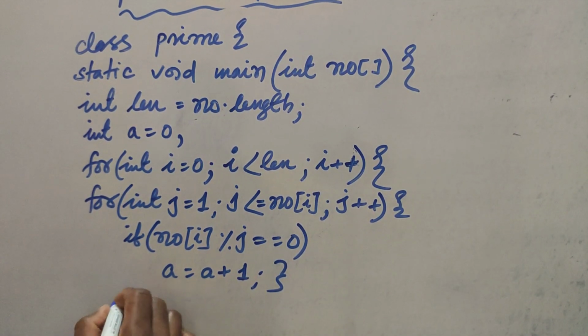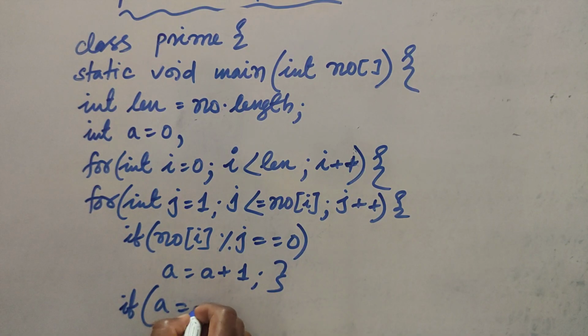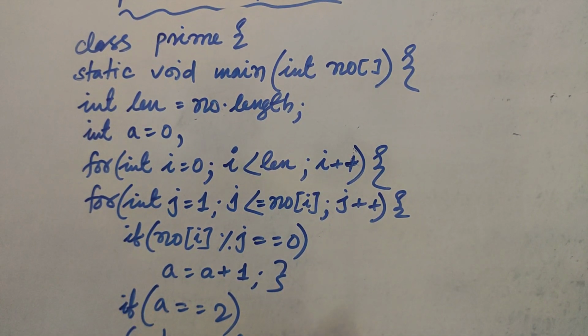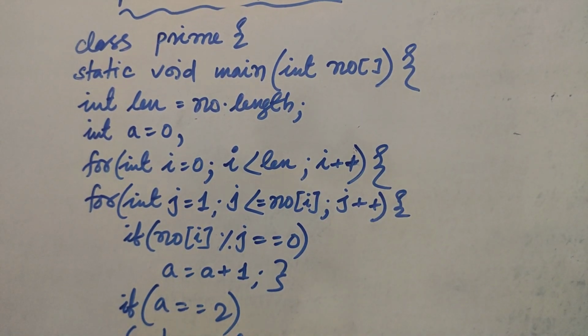If a equal to 2, System. I said these programs display all the prime numbers, taking the numbers by using parameter process.